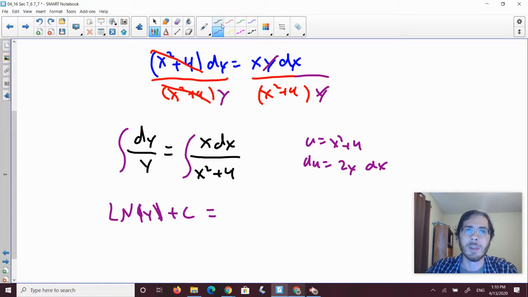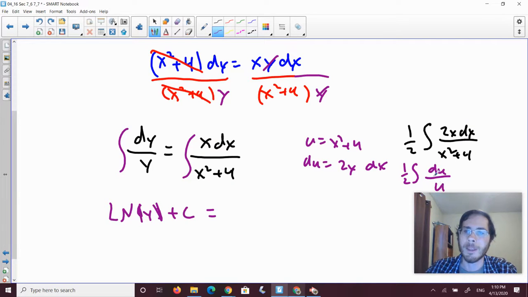All right, if I wanted to make that look a little bit nicer, we could say that's the integral of 1/2 times 2x dx over x squared plus 4, which is going to be the same thing as 1/2 the integral of du over u. And if we have du over u, just like we had dy over y, we're just going to end up with ln of u plus c.